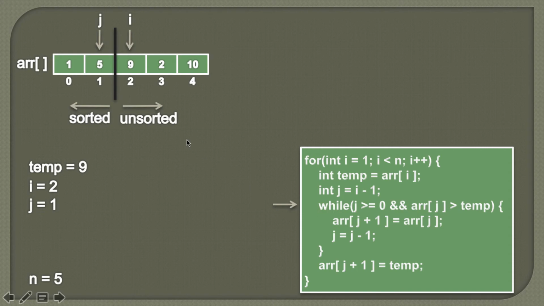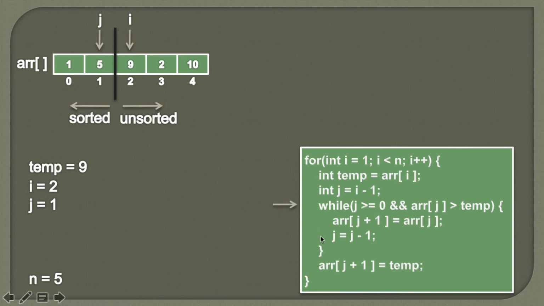So here you can see that as we are sorting this array in ascending order, we want a correct position for 9 in the sorted array. So as there are only two elements which are sorted, 1 and 5, when we compared 9 with 5, we found that 5 was not greater than 9. So therefore the correct position of 9 would be after 5.